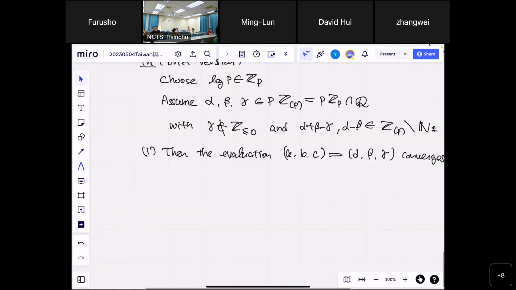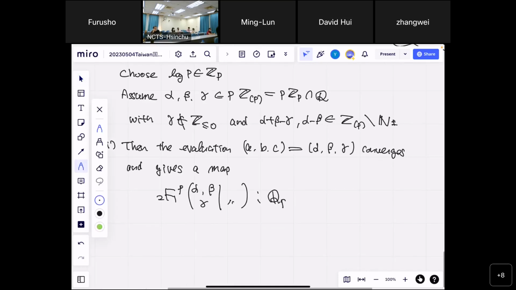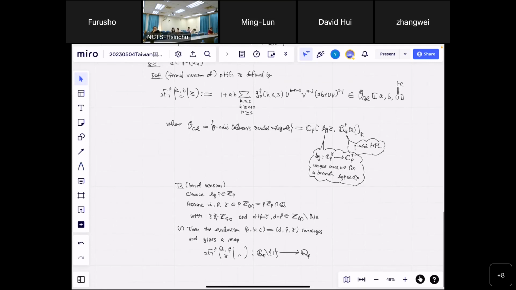So, my definition of the p-adic hypergeometric function, the formal version, is the formal power series.